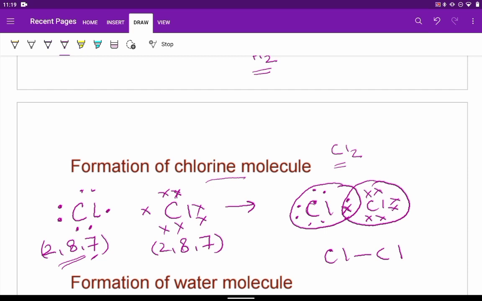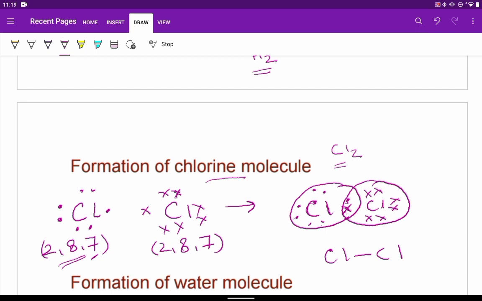Including this, you see for this chlorine, on the left side, 1, 2, 3, 4, 5, 6, 7 and 8. Octet gets completed. For the second chlorine atom also 1, 2, 3, 4, 5, 6, 7 and 8. So including the shared pair, both of the atoms now complete their octet, thus gaining noble gas configuration.